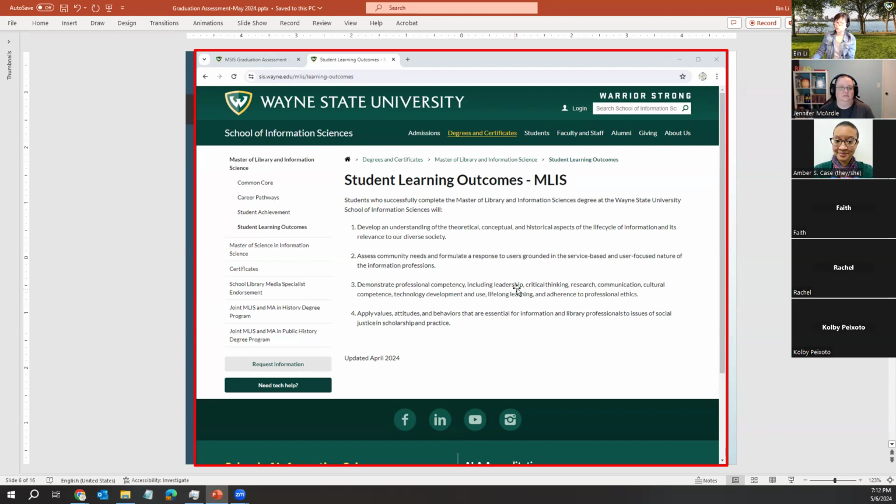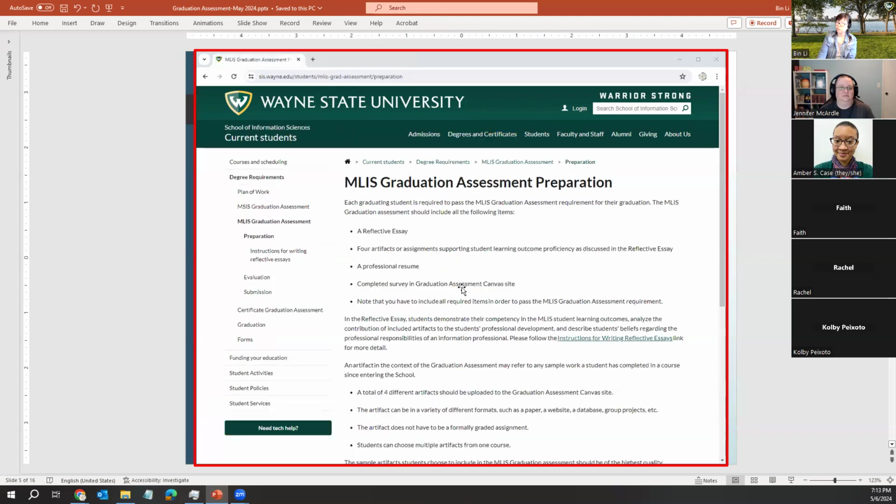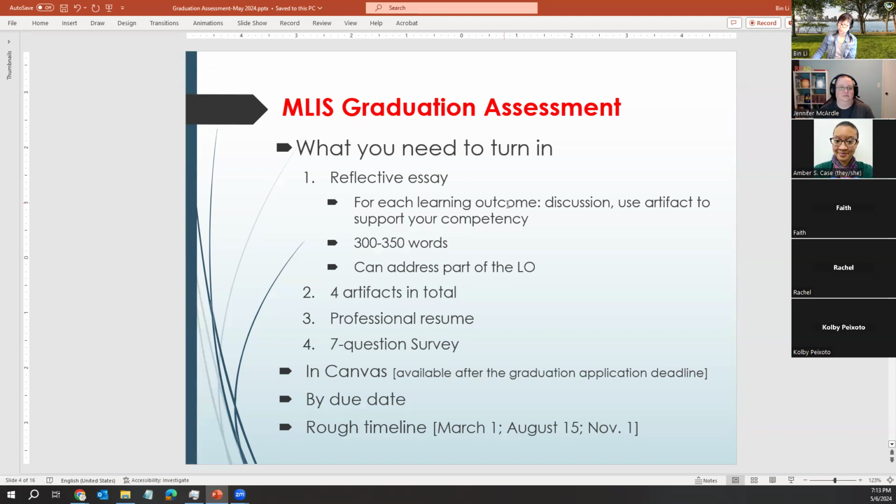You can just address 1 or 2 of those elements, but you need to work on each of the learning outcomes. So for each learning outcome, talk about what they mean to you, and then use a course artifact to show you are competent in it.